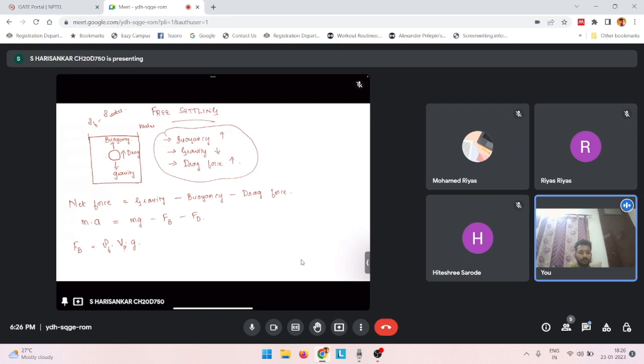And g is the gravity. So you can rewrite this as rho F into volume. Volume you can write as mass by density, so you can write it as mp by rho p into g.